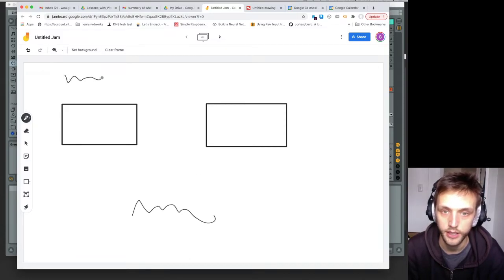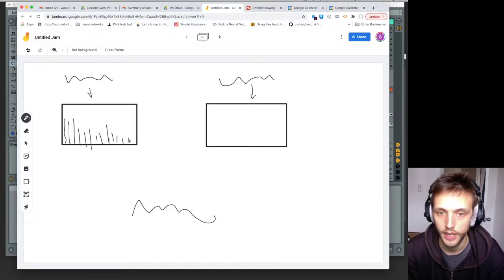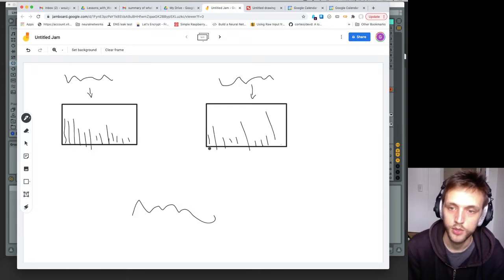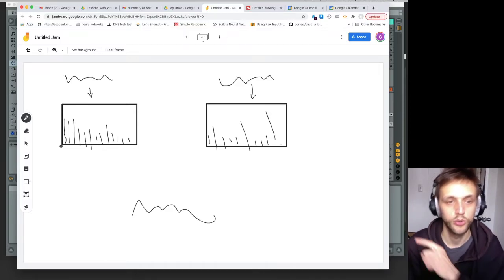So I have the signal here, and we do our FFT, and we have our signal here, and we do our FFT, right? So we've got all our bins with all our volumes. And then we've got these ones over here also, right? So what's going to happen if we multiply these together? The nice thing is, these are going through time, right?